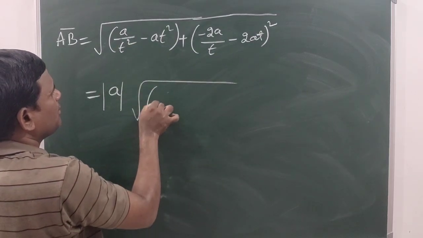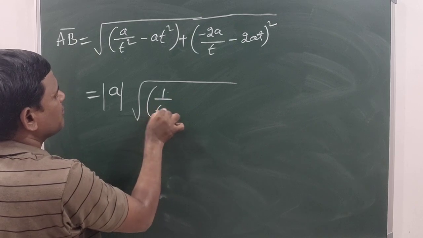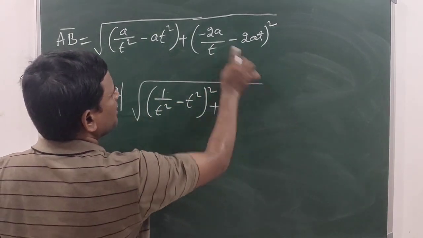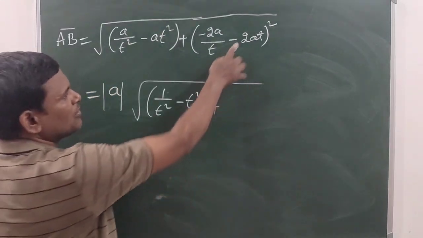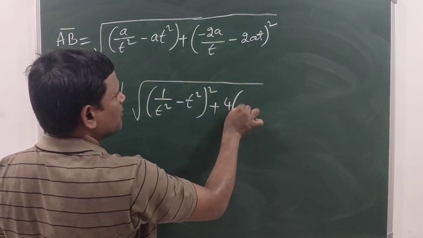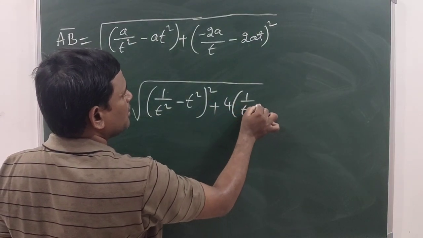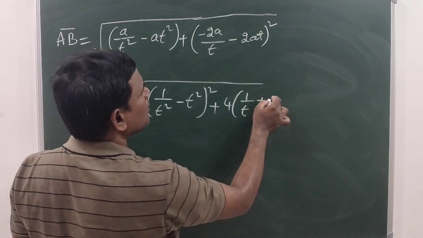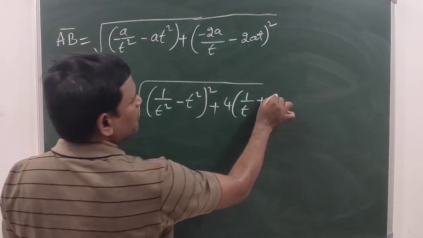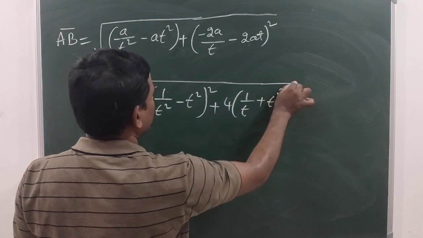Here we get 1 by t square minus t square whole square, and here minus 2a whole square went outside, so 4 will come: 1 by t plus t whole square.